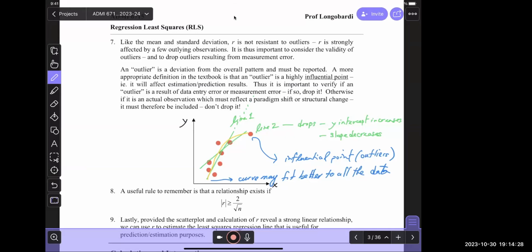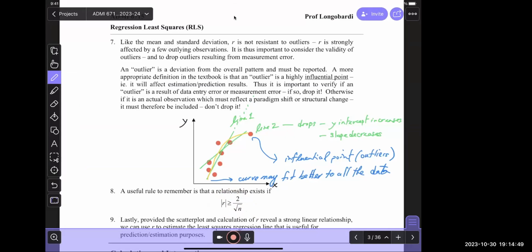Is 60% good? It's hard to know, but there's a rule of thumb that you can use: as long as R is more than 2 over the square root of n, you have a relationship to speak of. So it depends on the sample size if you use this rule.